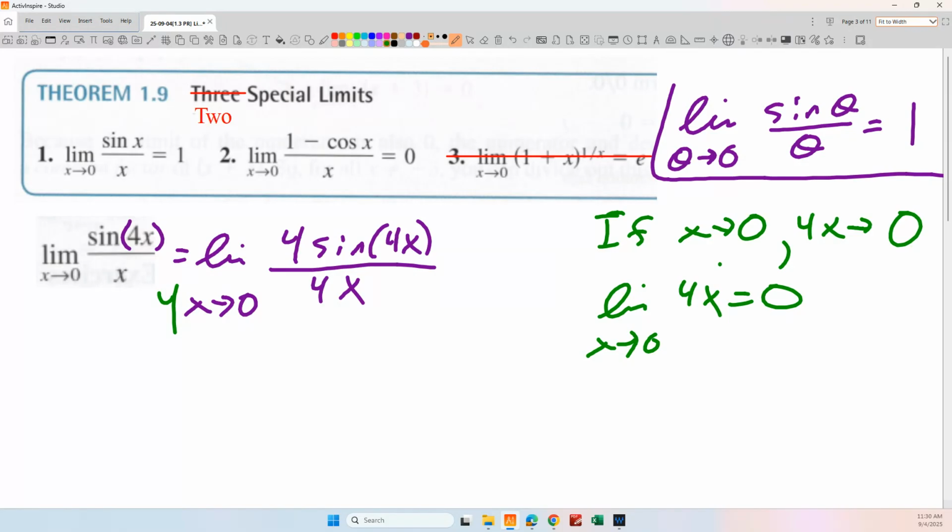What's the one last thing I'd want to do here to make this match this guy? What's the one difference right now? It's a pretty minor one. It looks like I've almost got everything I need. There's my theta, and there's my theta. That 4. Okay, what can I do with that 4? Right, we have a property of limits here that we talked about.